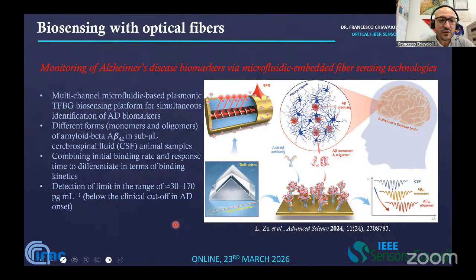Here we focus on different forms of beta amyloid 42, which is one classical biomarker in AD, and we studied those biomarkers in CSF from animal samples. We are also able to distinguish between the monomeric and oligomeric forms of those biomarkers by simply studying the binding kinetics of their interaction.